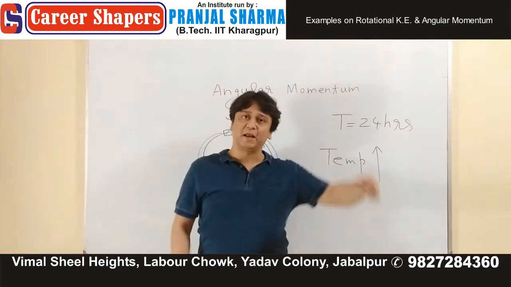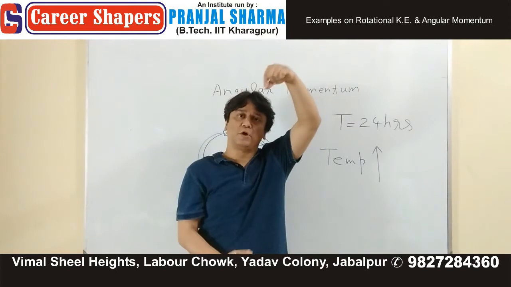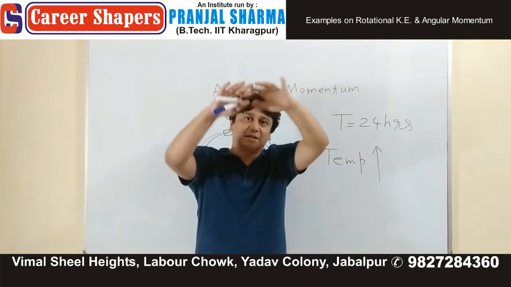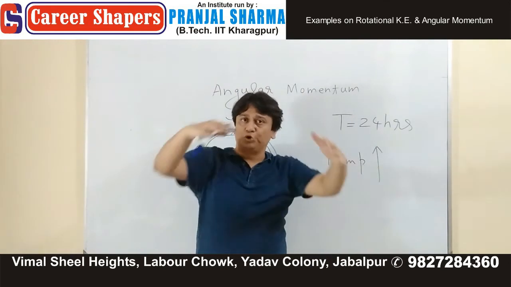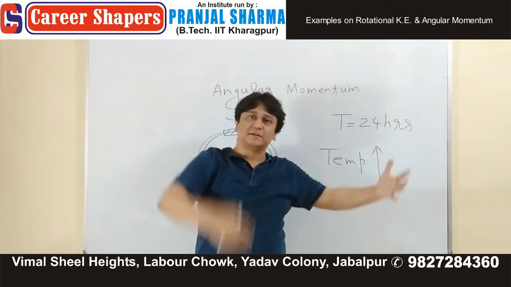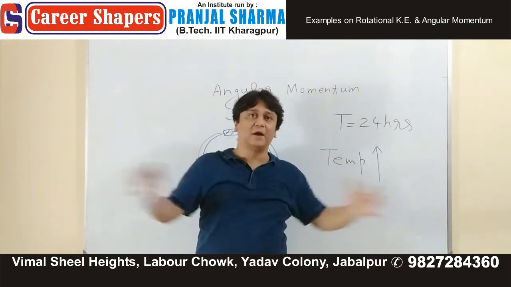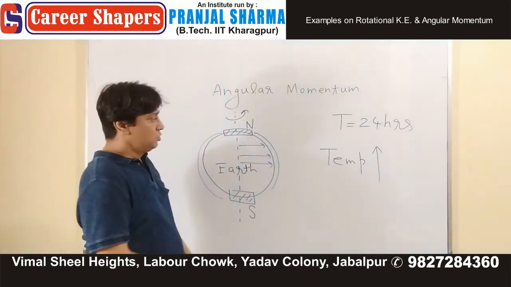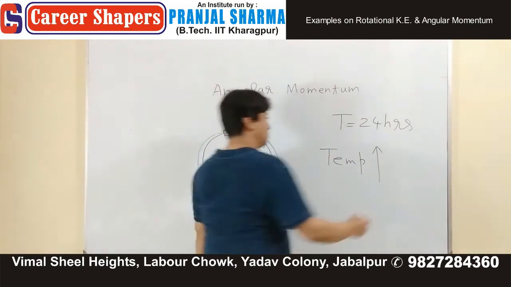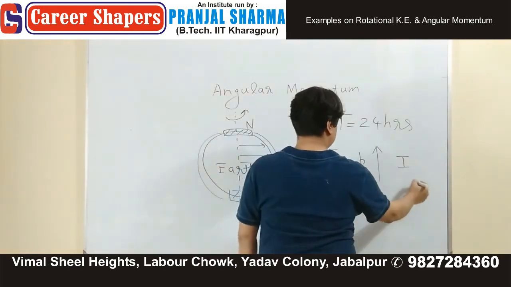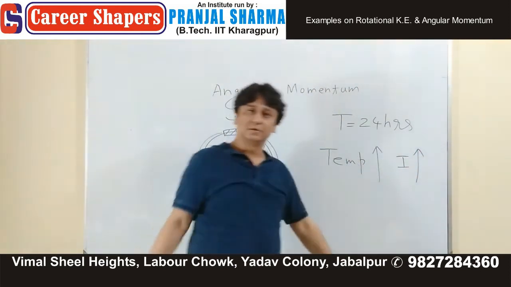ज्यादातर मास पहले कहां पर था? एक्सिस ऑफ रोटेशन के पास में. जैसे ही आइस मेल्ट हुई, ये पूरा का पूरा वाटर ओशंस के थ्रू एक्सिस से कहां हो गया? ज्यादा डिस्टेंस पर. So increasing temperature is telling you that moment of inertia is going to increase.